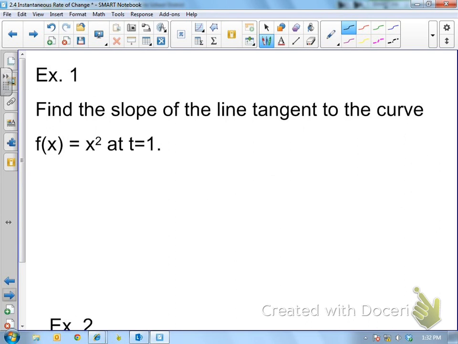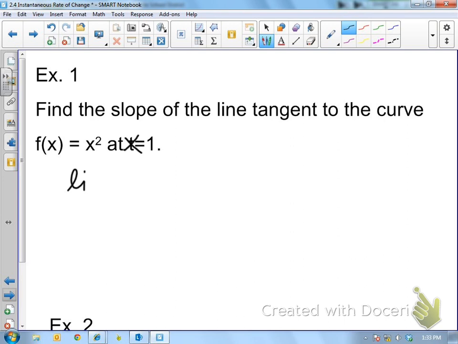So let's use our new formula. We have a new formula. Let's see if we can use it. Find the slope of the line tangent to the curve f of x equals x squared at x equals 1. So we know our formula is limit as, oh, I used x's and t's. They should be the same. So let's say at x equals 1.